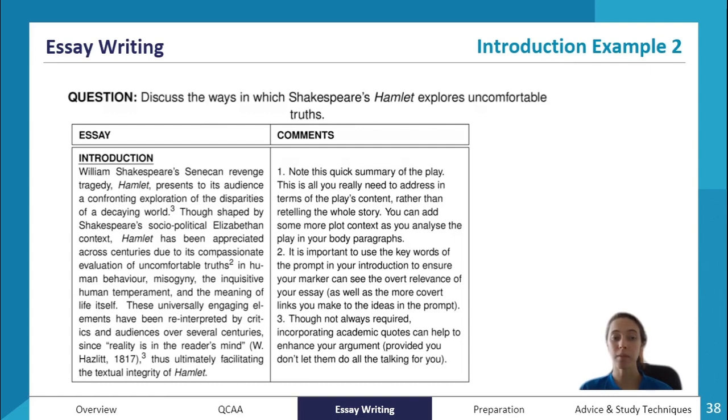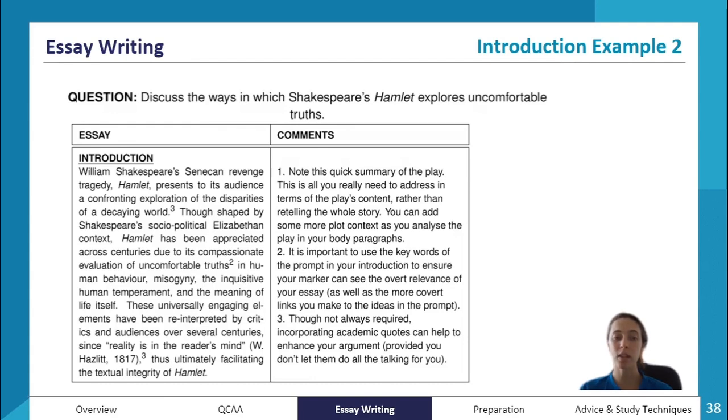So though shaped by Shakespeare's socio-political Elizabethan context, Hamlet has been appreciated across centuries due to its compassionate evaluation of uncomfortable truths in human behavior, misogyny, the inquisitive human temperament, and the meaning of life itself. So this is providing, again, more context here.